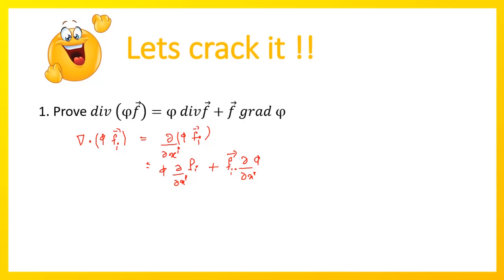So the ith product will produce a scalar, and this scalar is added with a scalar, and the answer here will give you a scalar. Therefore, the answer here is phi into divergence of f plus f dot gradient of phi.